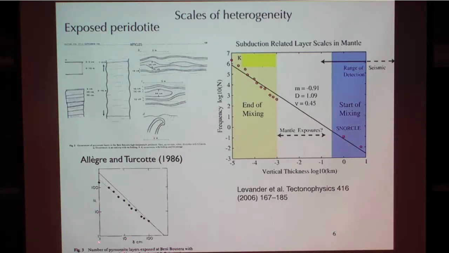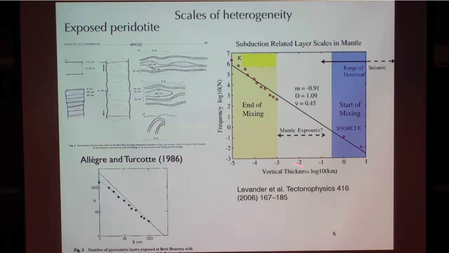In doing that, they just computed the number of bands and their width. This scale is in centimeters, so 100 centimeters, and the number of bands, and they found this cascade, essentially, of that banding.